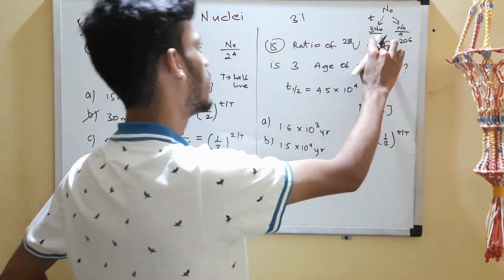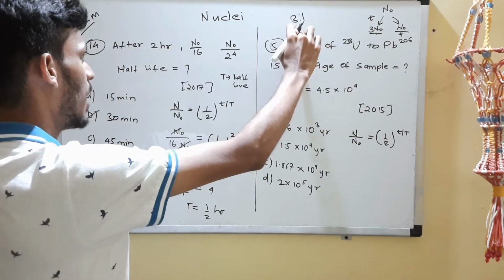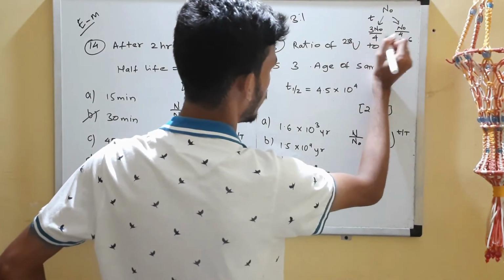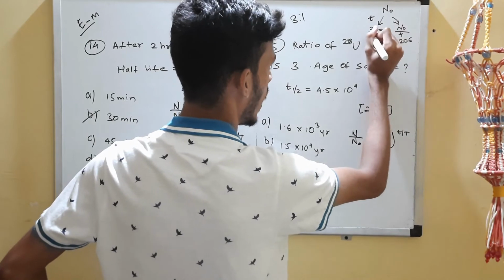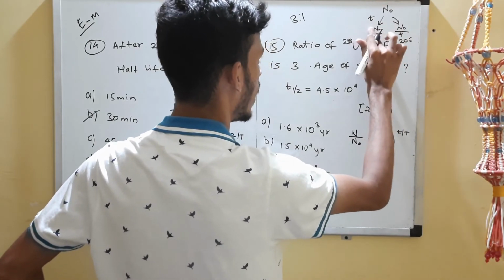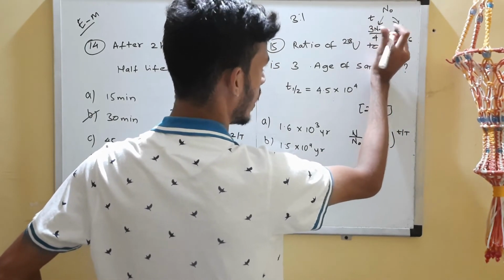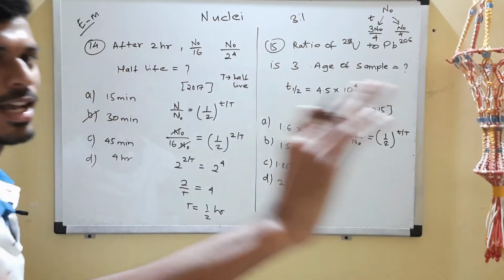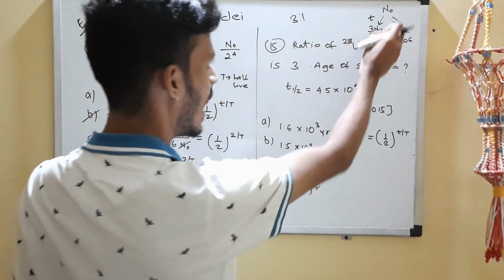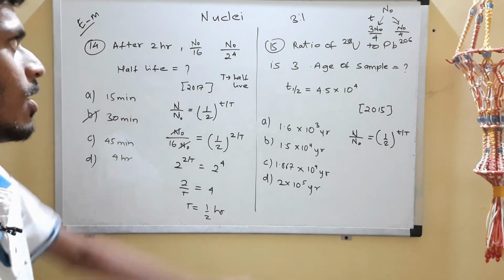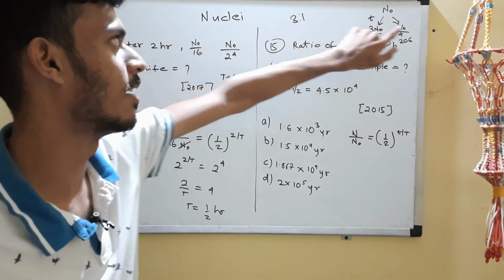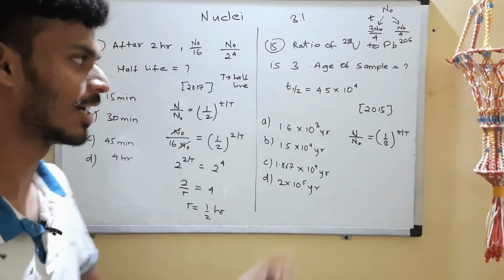I'm dividing it by 4 because I'm adding these two numbers, and here also I'll divide by 4. I want 3 is to 1, so I'll multiply here by 3. When you take the ratio, it becomes 3 is to 1, and when you add it, it becomes n0. So basically you have to divide by the sum and then make the ratio 3 is to 1. That is what I did.